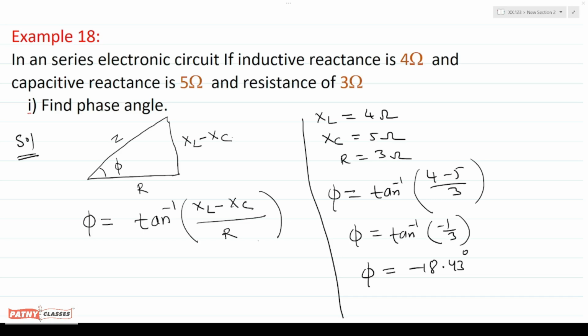Phi equals tan inverse of minus 1 upon 3 and phi equals minus 18.43 degrees. This value you can calculate from log tables.